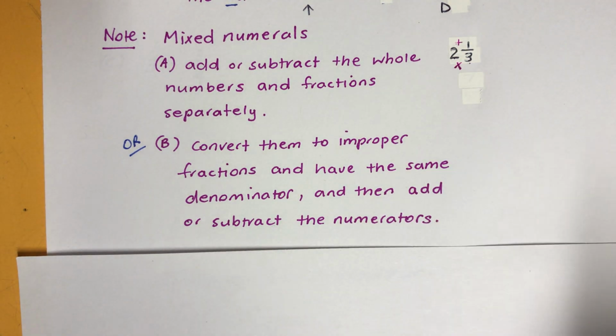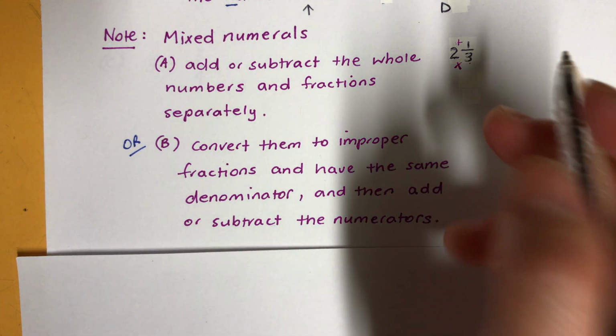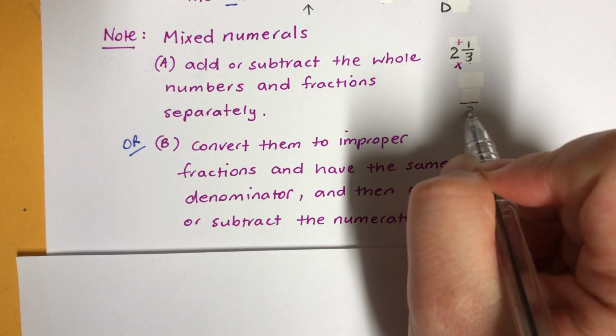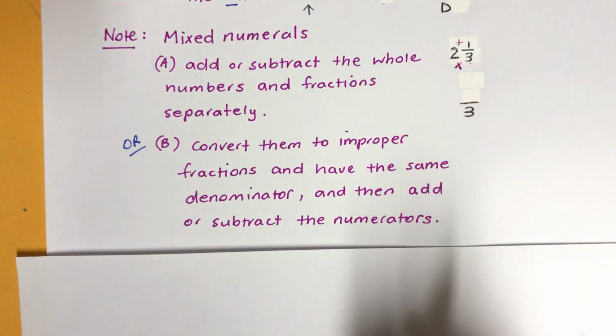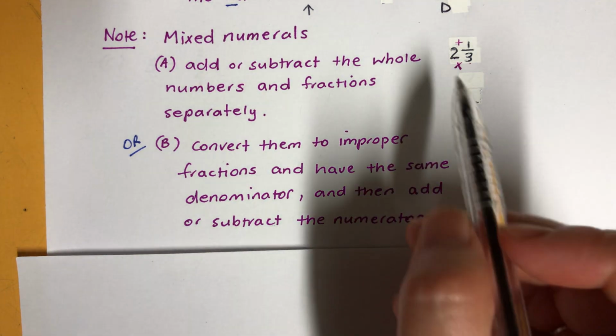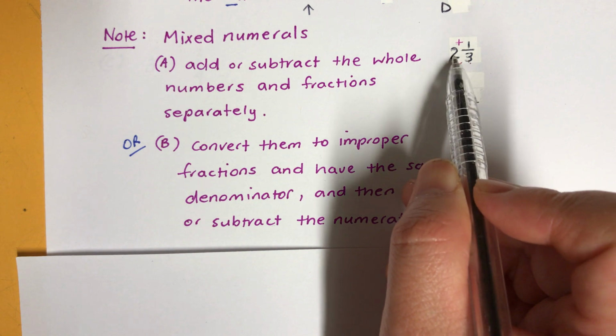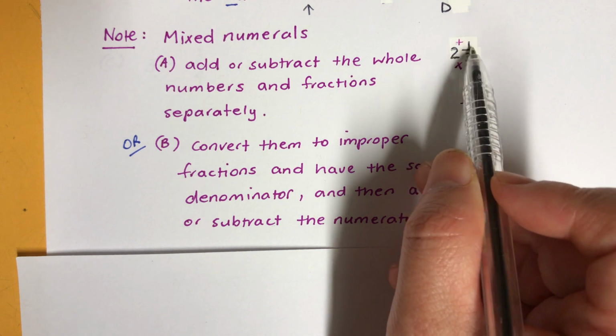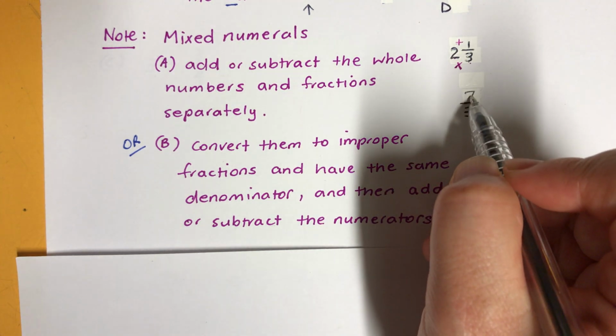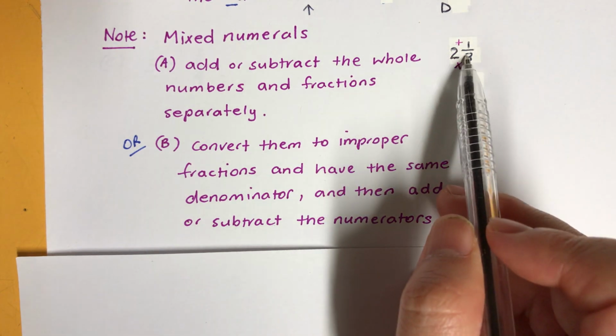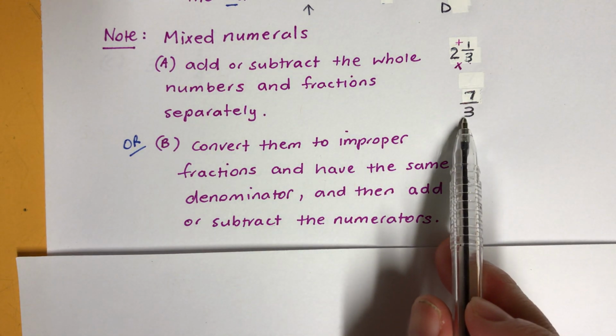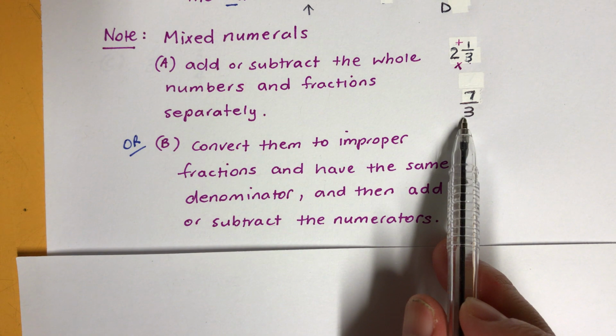But your denominator doesn't change. So it'll be something over 3. Okay? So I'm going to times this. So 3 times 2 is 6. 6 plus 1 is 7. So if I convert this mixed numeral to an improper fraction, it'll be 7 over 3.